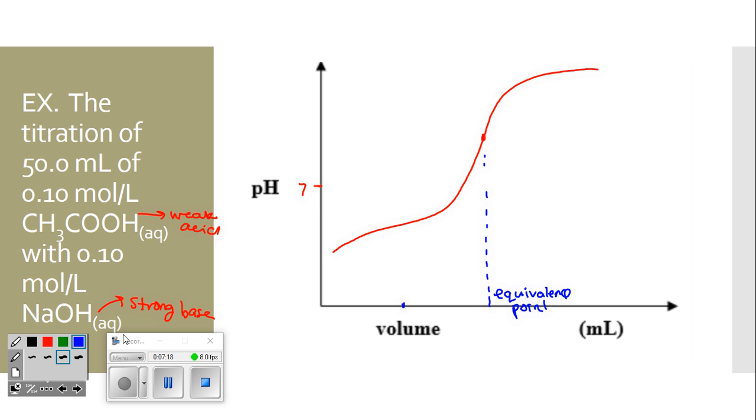This is about halfway. That means right about there, which conveniently is in the middle of that section that's not changing a lot. Notice it's not perfectly flat, and buffering regions will not always be perfectly flat, but it's not changing a lot. This section is a buffering region.